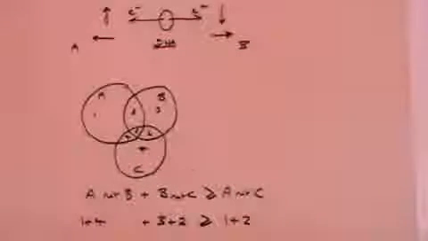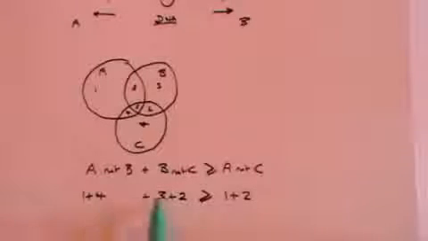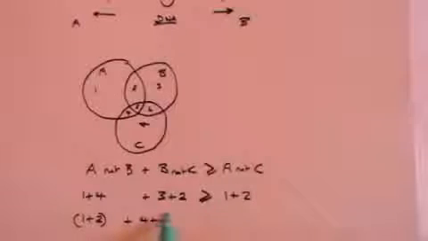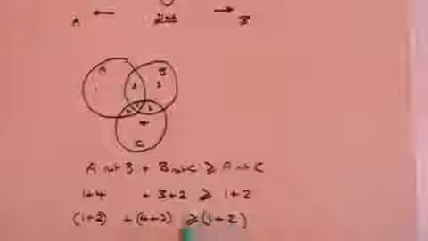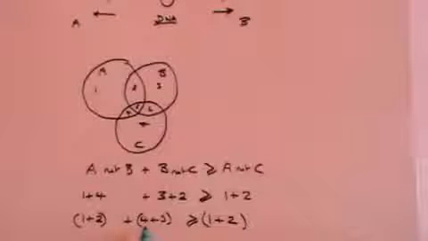So now we have that 1 plus 4 plus 3 plus 2 must be greater than or equal to 1 plus 2. And that's obviously true because we've already got 1 plus 2 on this side. Let's put the 1 plus 2 there. Plus 4 plus 3 is greater than or equal to 1 plus 2. Well, it will be equal if there are no children in categories 4 or 3.